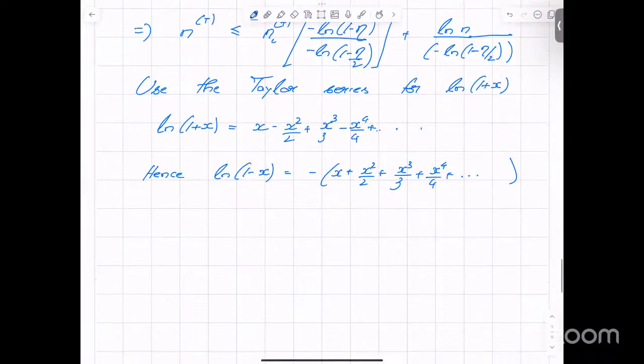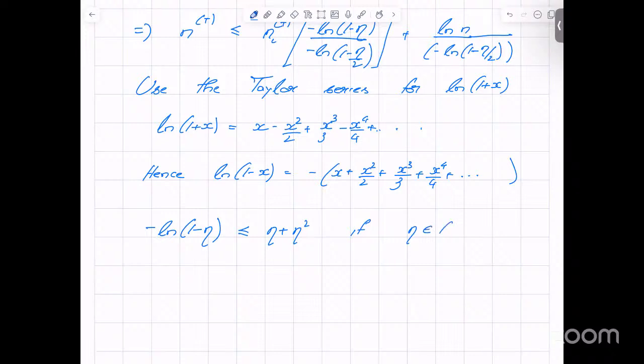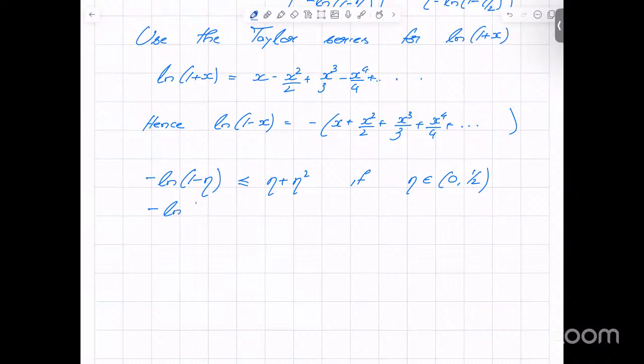So we'll use the fact that minus ln 1 minus eta, which is just eta plus eta squared by 2 and so on, is upper bounded by eta plus eta square if eta is between 0 and half.